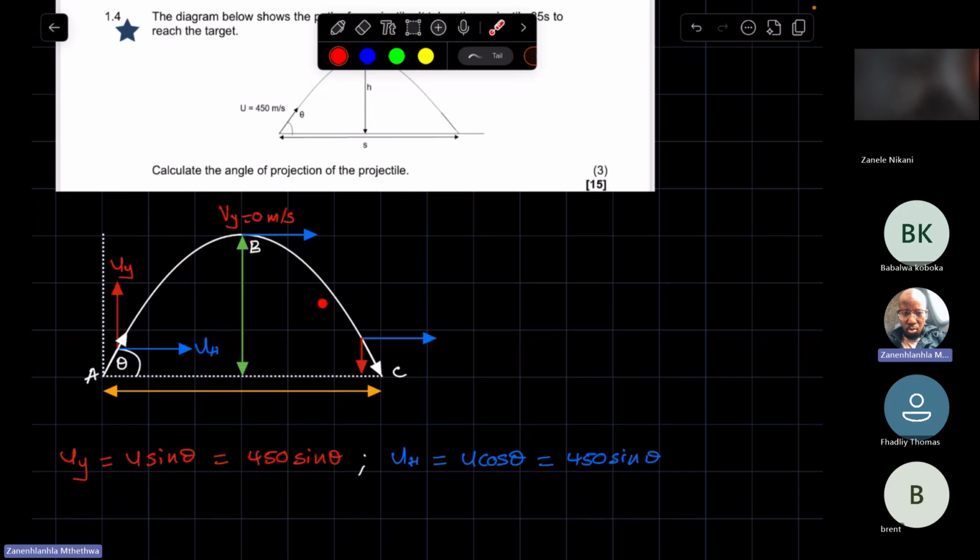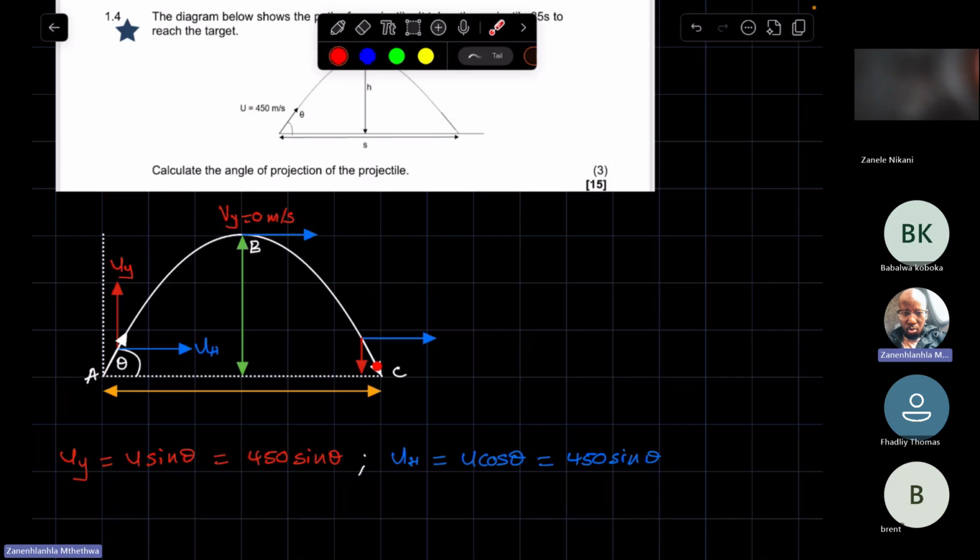And then, of course, on this side of the projectile, from the apex back to the ground, g is essentially in the same direction as the motion. Hence, from here back to the ground, the velocity of the projectile increases.